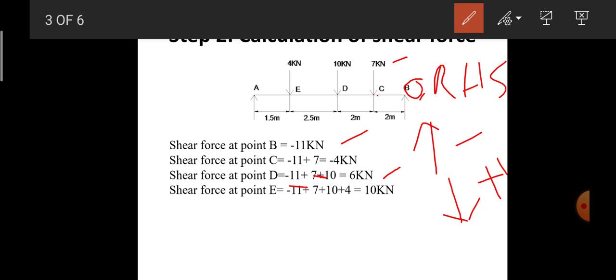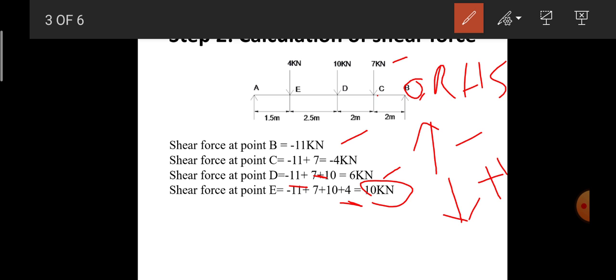So it is minus 11 plus 7 plus 10, and we are also supposed to consider the force acting at the point of reference. So I am going to consider 4, which is acting in the downward direction, hence it is positive. So minus 11 plus 7 plus 10 plus 4. If I add up, I'll get the magnitude as 10 kilonewton.